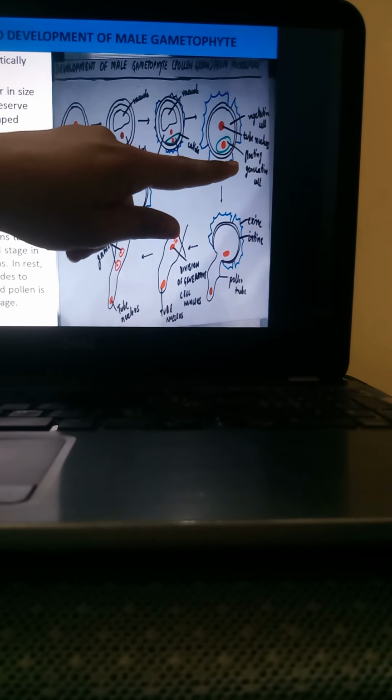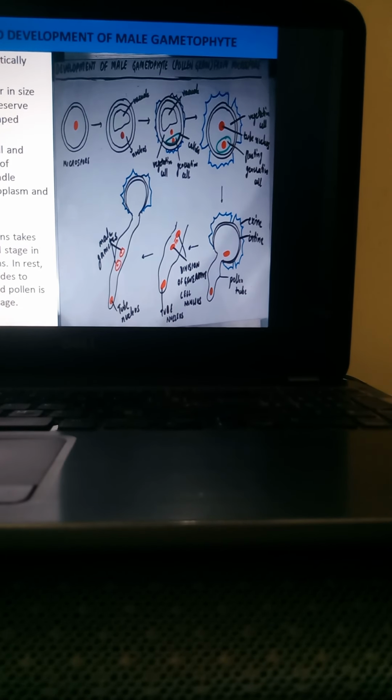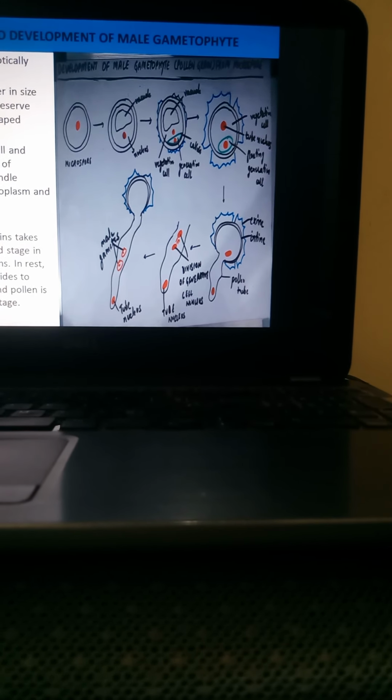You can see at some points here exine is absent, only intine is present. It is these areas which are called the germ pores, through which the pollen tube emerges and the whole process takes place. We can see the microspore's division to form the final male gametophyte.